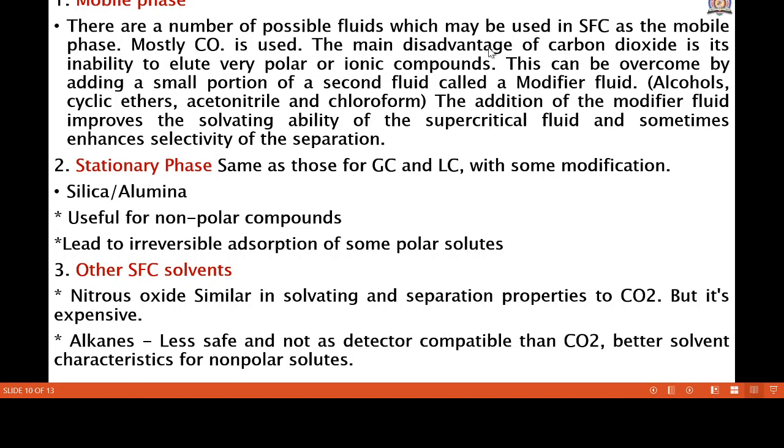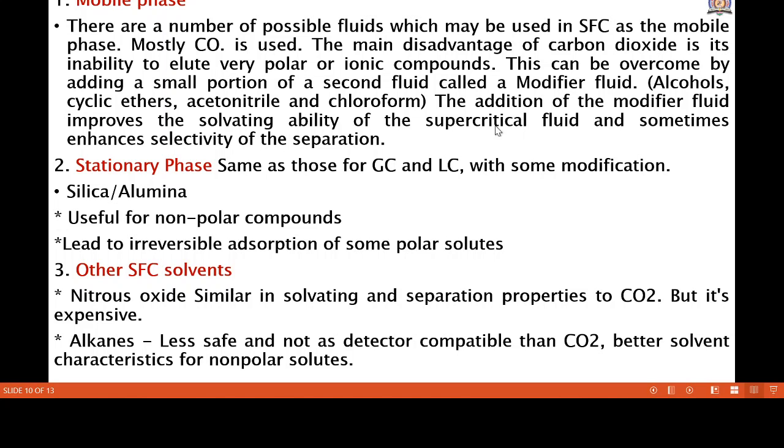The main disadvantage of this carbon dioxide is its inability to elute very polar or ionic compounds. This can be overcome by adding a small portion of a second fluid called a modifier fluid, that is alcohol, cyclic ethers, acetonitrile and chloroform.